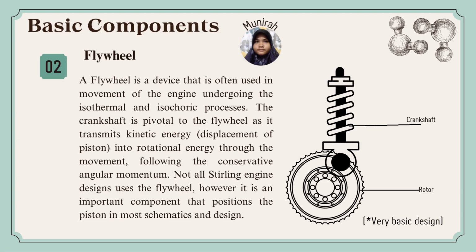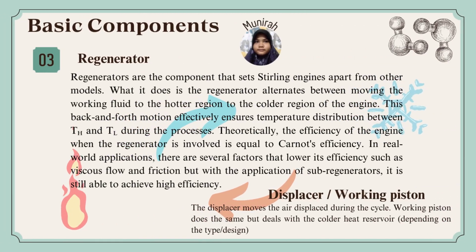Regenerators are a very distinctive part of the Stirling engine. Theoretically, with a regenerator, a Stirling engine is able to achieve Carnot thermal efficiency. However, real-life applications encounter friction, as well as the fact that the temperature and pressure are not equal throughout the working fluid, which complicates the math behind the engine. In beta-type Stirling engines, which was the first design patented by Robert Stirling, there is no difference between the roles of the displacer and the regenerator.